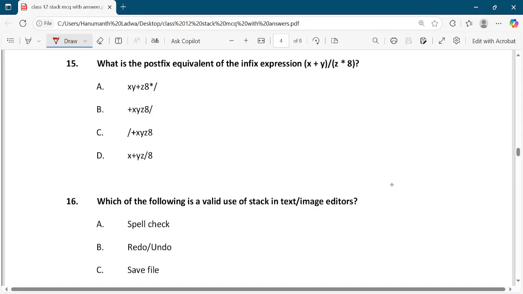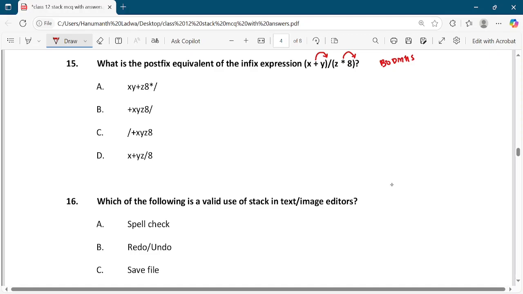Question number 15. What is the postfix equivalent of the infix expression (x plus y) divided by z into 8? Here the plus will be moved onto the right hand side and the multiplication will be moved onto the right hand side. As per the BODMAS rule, we have to scan from left to right.